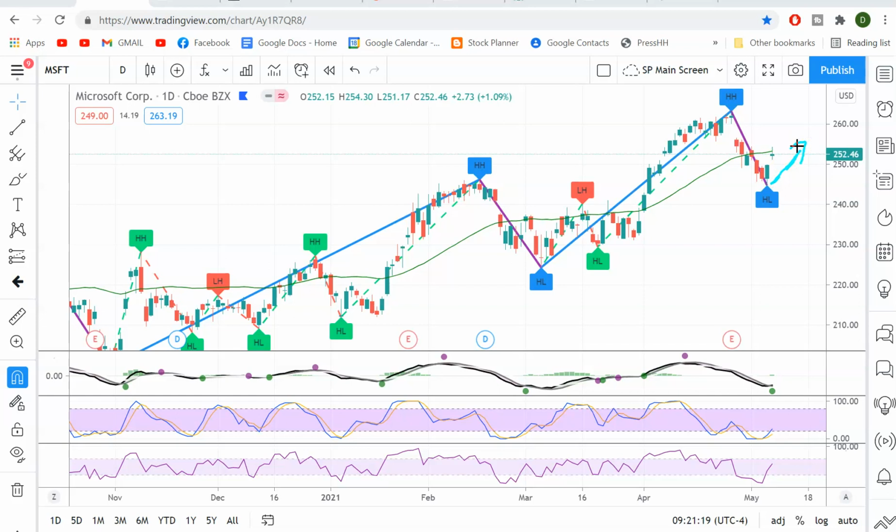According to my algorithm, we have an MACD buy right here. We also have a stochastic buy, and the day before that we had an RSI buy. And the zigzag is pointing up. This seems to be your support level, the resistance level, and it seems to be some kind of support.